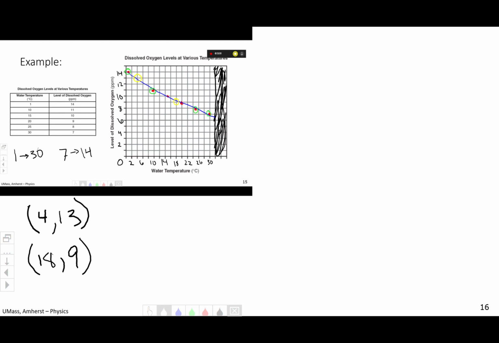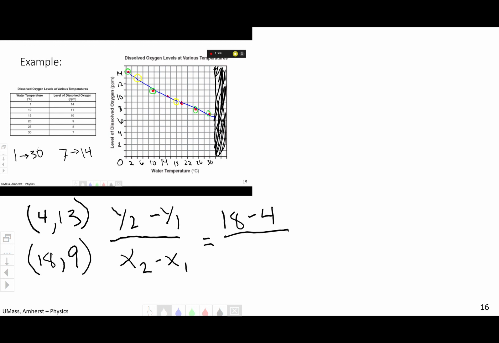So notice, again, these are not two actual data points. They are data points from the line of best fit. So if we're going to do y2 minus y1 over x2 minus x1, that's going to look like, I'm sorry, y2 first. 9 minus 13, I got my brain scrambled, over 18 minus 4.